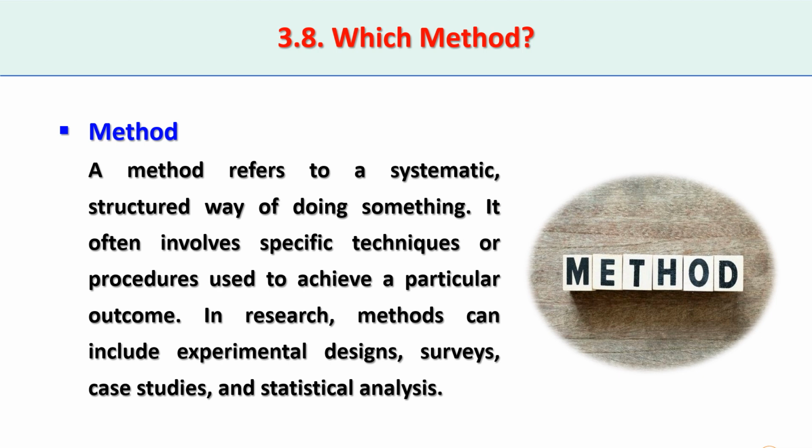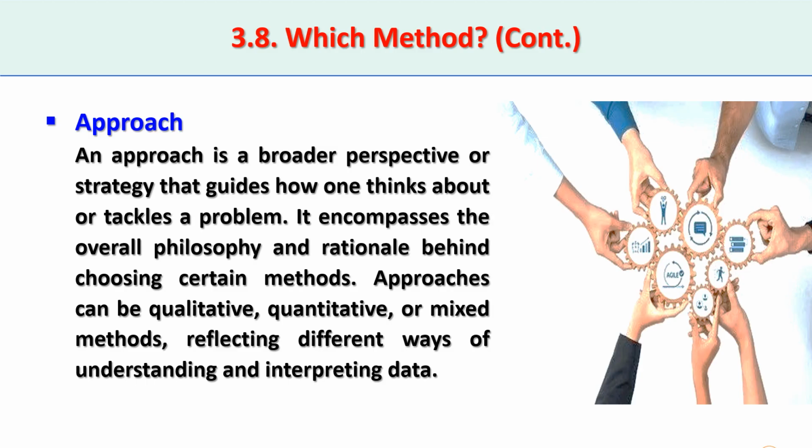3.8, method. A method is a specific and organized way, technique, or step used to achieve a goal. Examples are survey, experimental, and case study. Teacher, please move next. Approach.